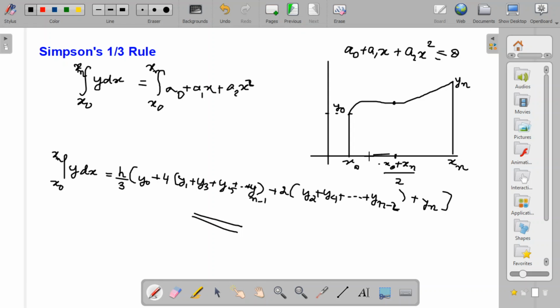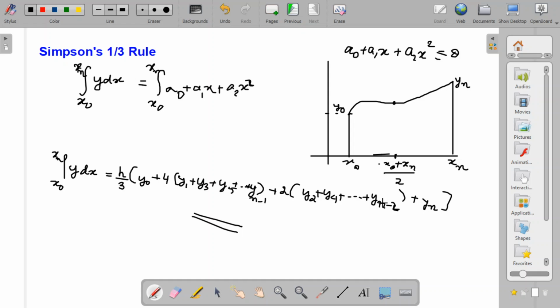Okay, so that is the h, and y0 is the value of the function at the point x0. Then y0 plus 4 times all the values of the function at the odd intervals, then 2 times the values of the function at the even intervals, and then plus the last value yn.